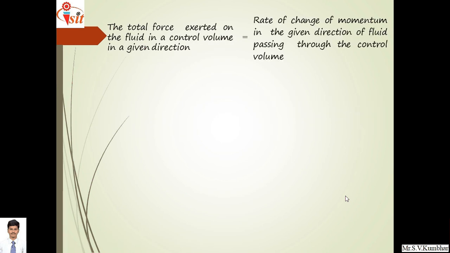The total force exerted on fluid in a control volume in a given direction is equal to the rate of change of momentum in the given direction of fluid passing through the control volume. That is nothing but F = ṁ(V_out − V_in). Mass flow rate is given by density multiplied by area into velocity, and area into velocity is nothing but discharge.